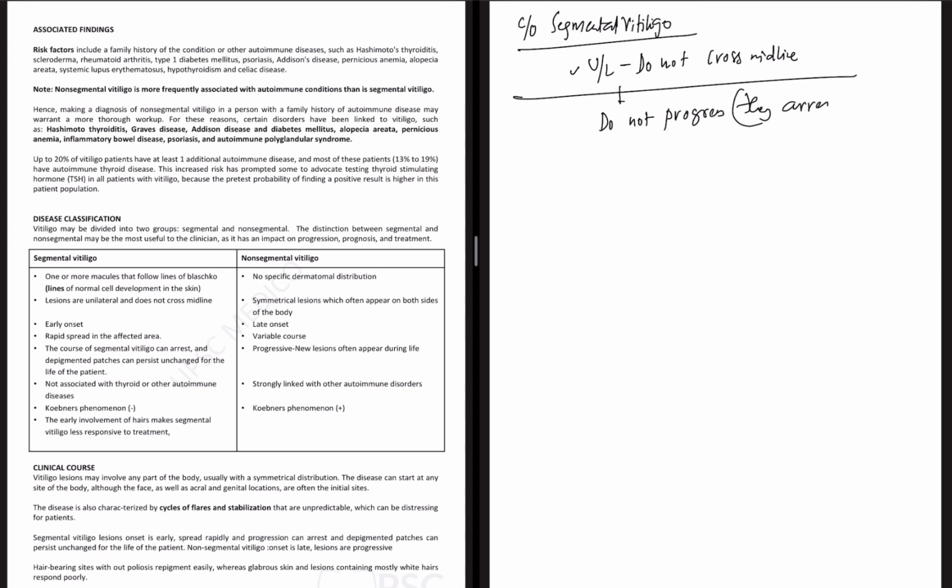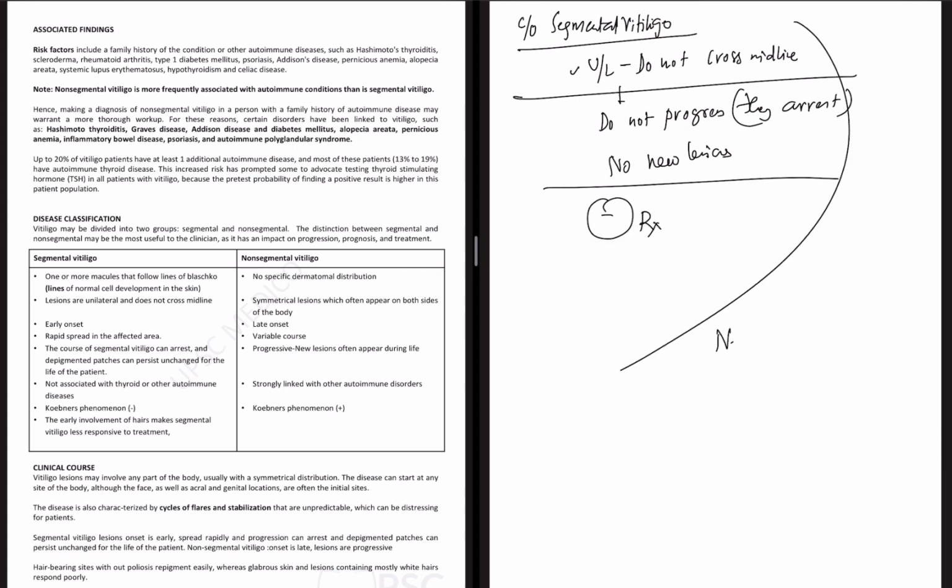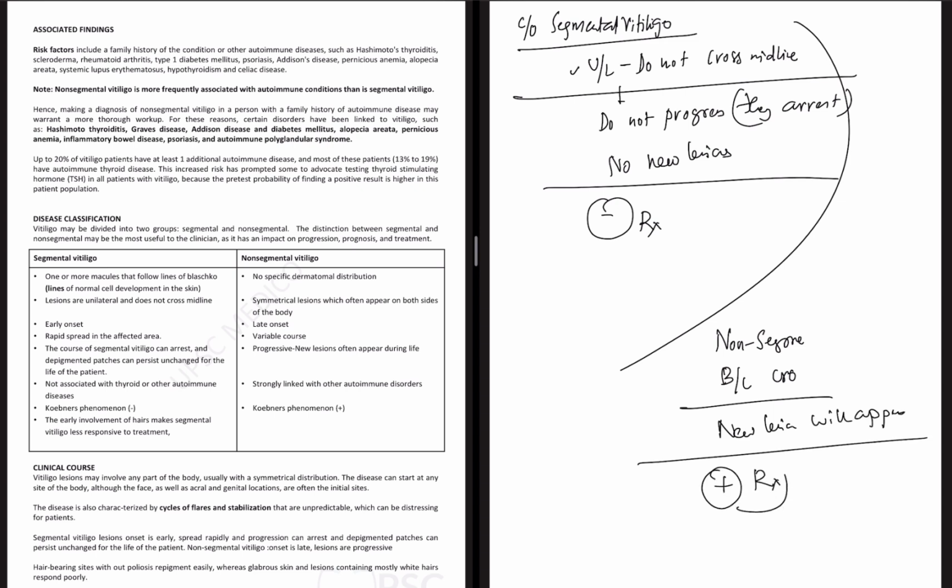The lesions will arrest, and no new lesions. But the problem is the current lesions which are present are resistant to treatment. You can't treat them. But if I say non-segmental vitiligo, it is bilateral, crosses midline, and new lesions will appear. But lesions respond well to treatment.